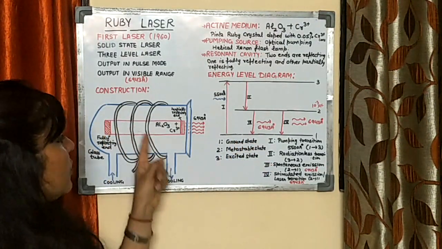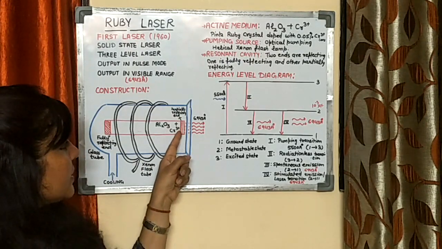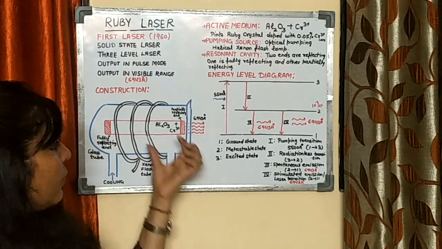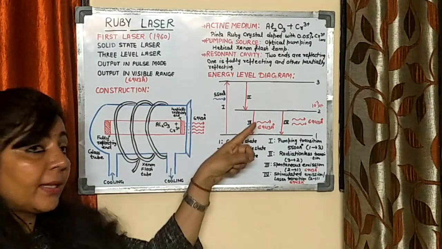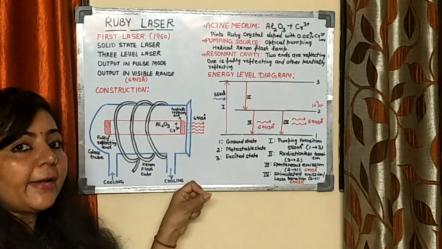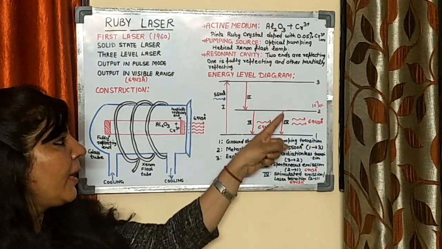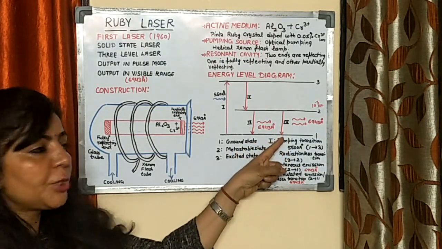These photons will start moving inside the active medium, and since these two ends are reflecting, they will be reflected at these two ends, and when they come back into the active medium, they will interact with more chromium ions of the metastable state, and because of that interaction, they will trigger the stimulated emission transition.